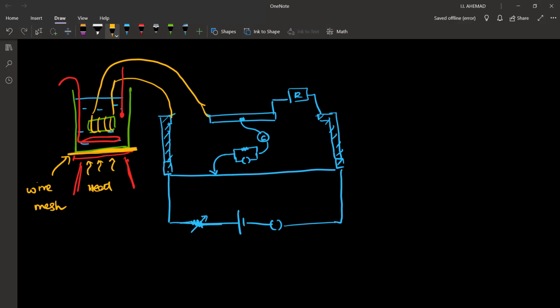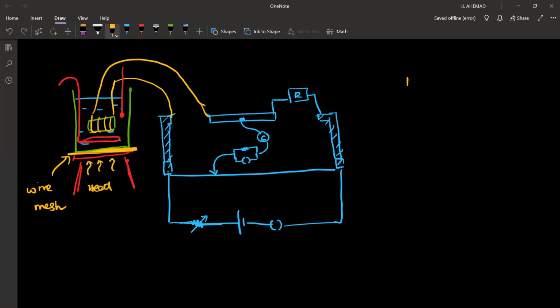Okay, so in this setup, first we set up this meter bridge. After that, we balance and obtain a reading L. Using that, I can find out what is the resistance of this. Next, I increase the temperature.